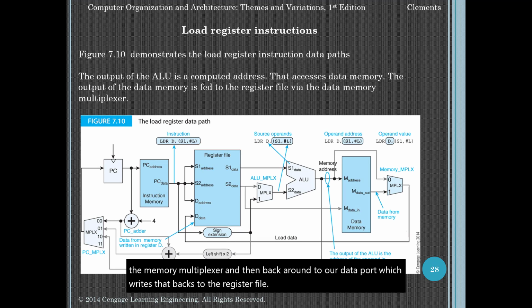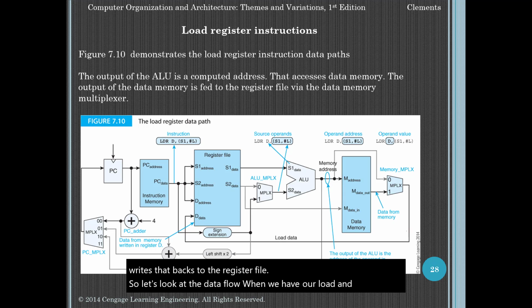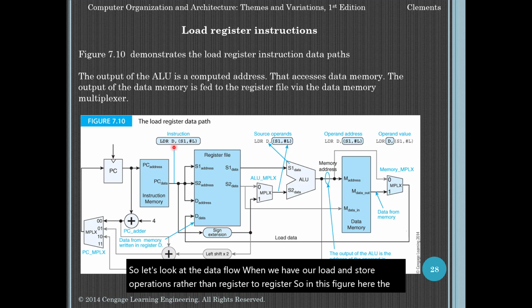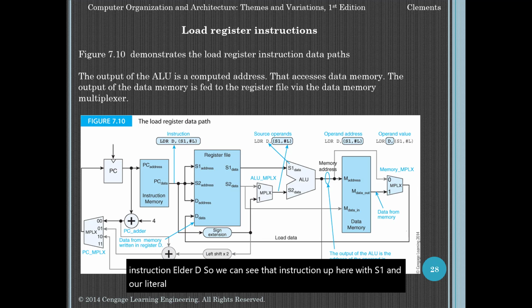So let's look at the data flow when we have our load and store operations rather than register to register. So in this figure here, the instruction LDRD, so we can see that instruction up here, with S1 and our literal L, is the address of the operand and is computed as the contents of source register S1, plus a literal L from the instruction.